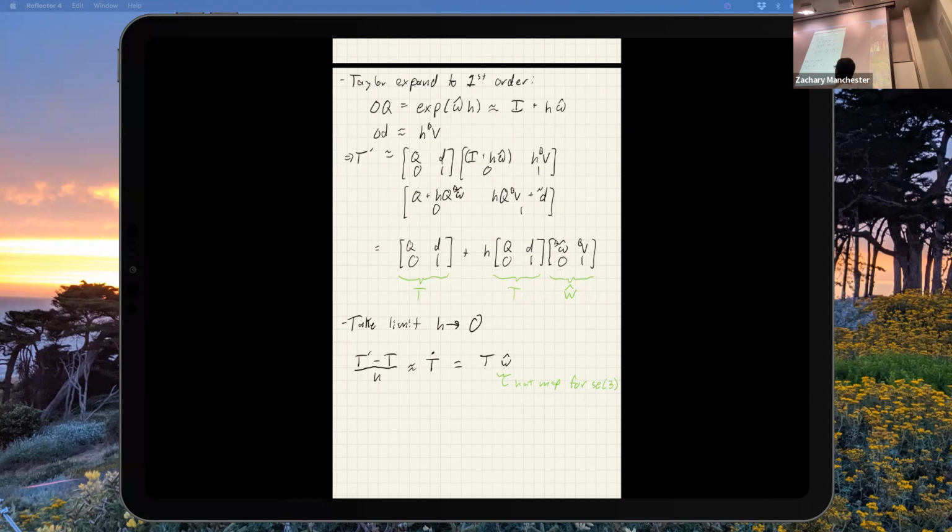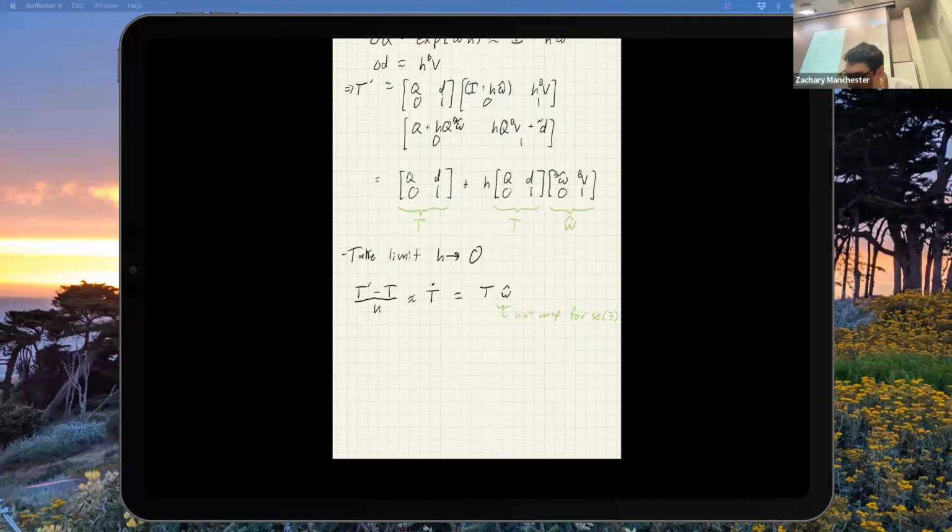So I can stack up omega and V as a single 6-vector, and that's what my SE3 element is. And then when I hat it, I stuff it into this matrix. How big is that matrix? 4x4, right? This is 3x3, this is 3x1, and then I pad it like this to make the algebra work out. Okay, so let's write that.